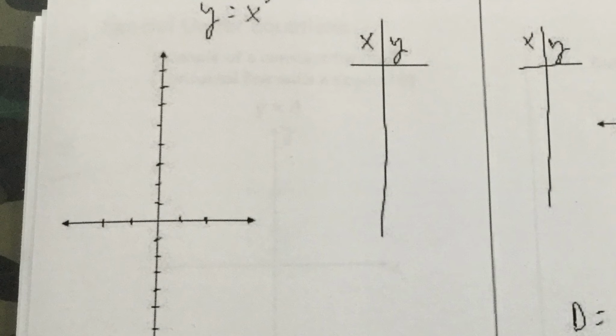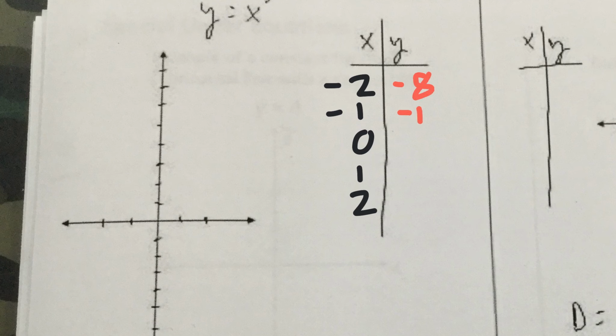So again, in order to graph it, I want to know what's happening on the left side of the graph, the right side of the graph, and the y-intercept. So the x values I'm going to choose are -2, -1, 0, 1, and 2. If I plug in -2 and cube that, that's going to be -8. -1 cubed is -1. 0 cubed is 0. 1 cubed is 1. 2 cubed is 8.